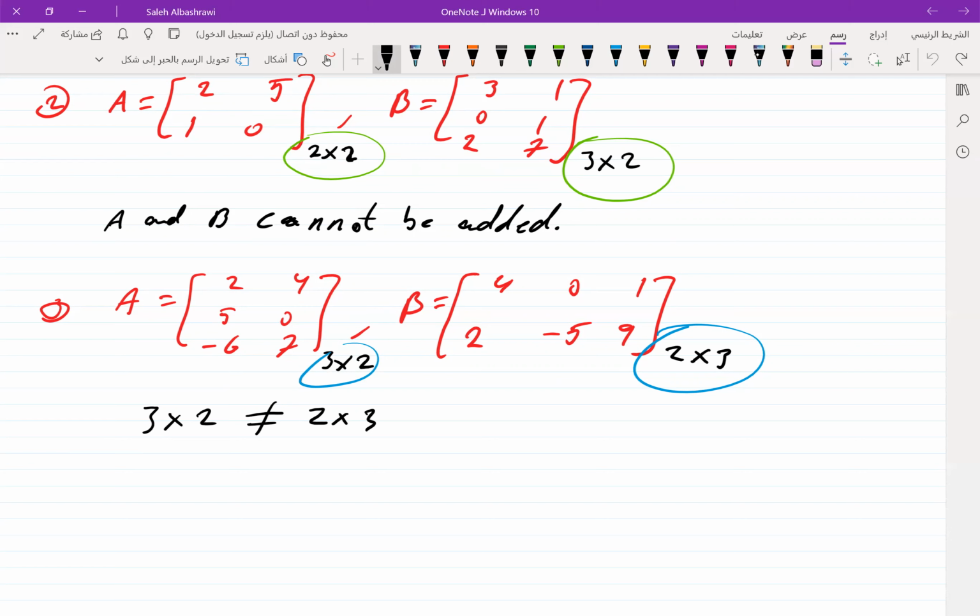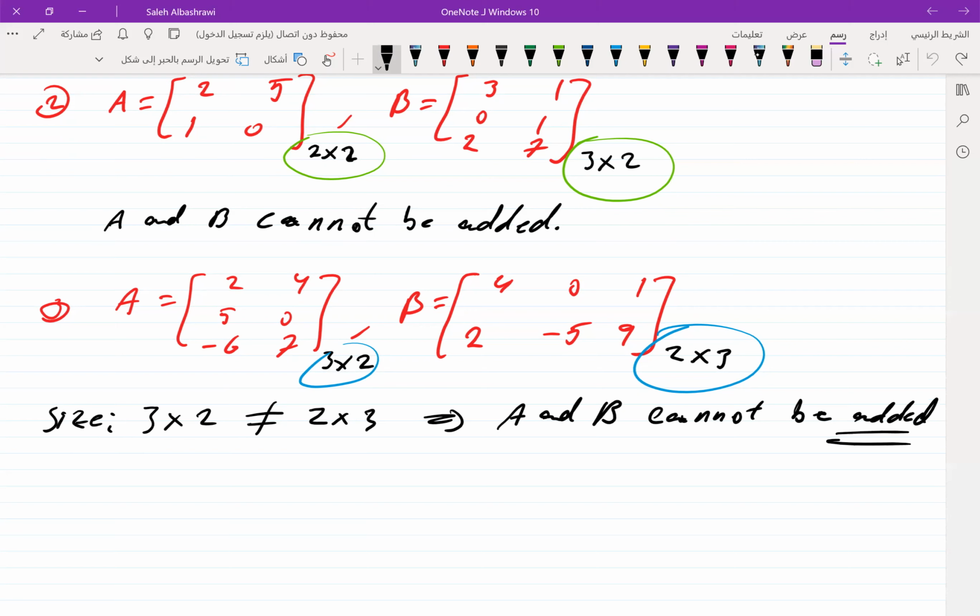So we can say that 3 by 2 as a size of a matrix is not the same as the size 2 by 3. That will give me that A and B cannot be added. So these cannot be added.